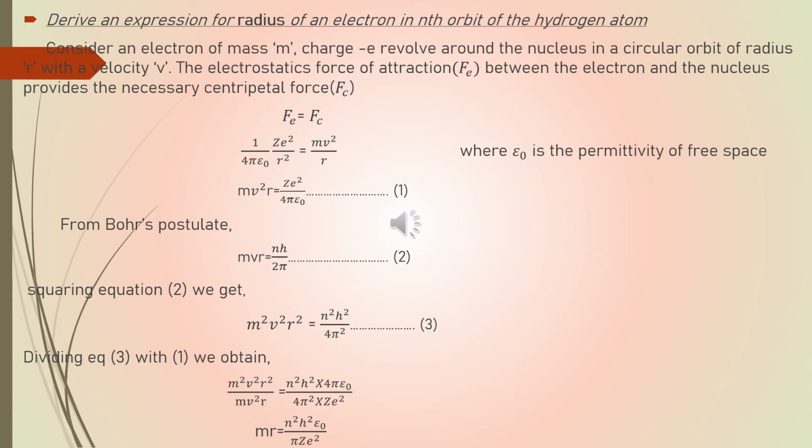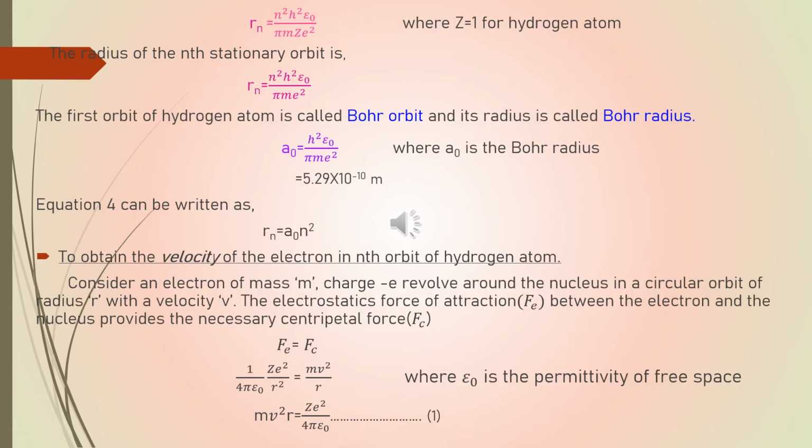Now dividing equation 3 by equation 1, we get mr equal to n²h²ε₀/πZe². Therefore, Rn is equal to n²h²ε₀/πmZe². Substituting for Z equal to 1, we get the radius of the nth stationary orbit as n²h²ε₀/πme².